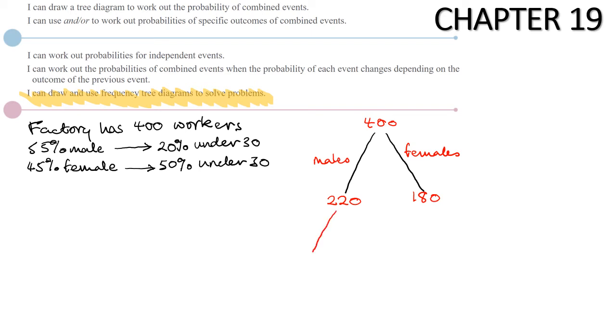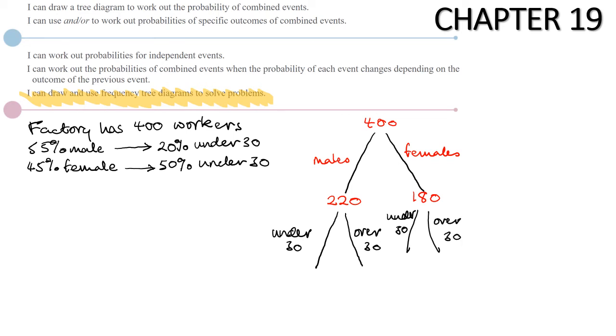Now the males and females are split up, aren't they, into under and over 30s. So let's put down here under 30, over 30. We'll do the same with the females as well. Under 30s here and over 30s here.